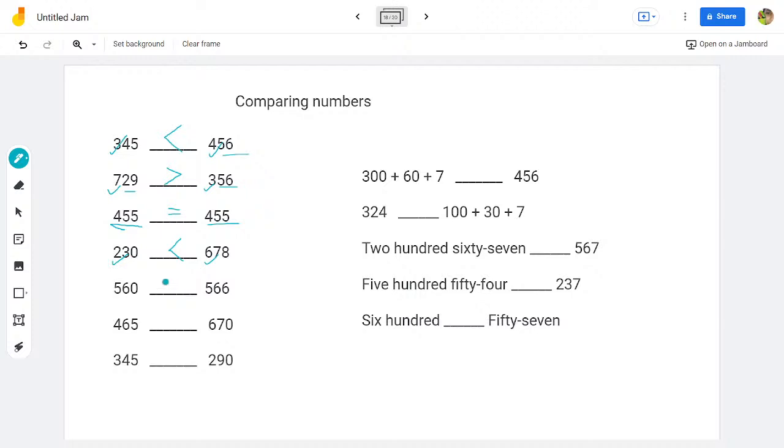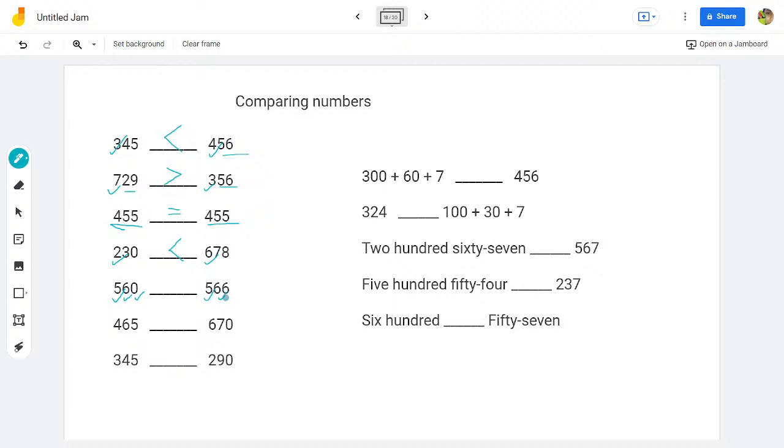Now over here, as we can see, 560 में we have 5 in the hundreds column, and in this number also we have 5 in the hundreds column. So we can't compare them, both of them are same. We would move on to the tens column. In the tens column we have 6 in the tens column and we have 6 again in the tens column. No need to compare them as well because they both are same. Now at last we would move to the ones column.